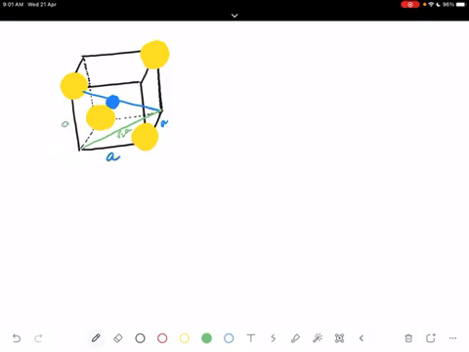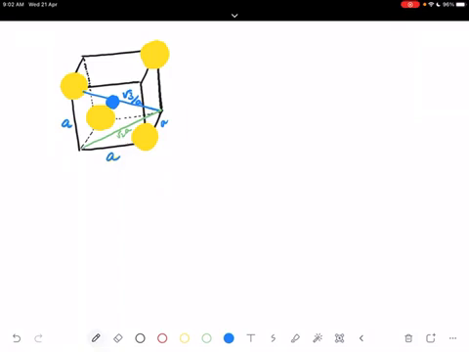This edge length is also a. So what is the length of that blue line? That is root 3 a. We have already seen root 3 a. So the length of that blue line is root 3 a. I am writing it over there.